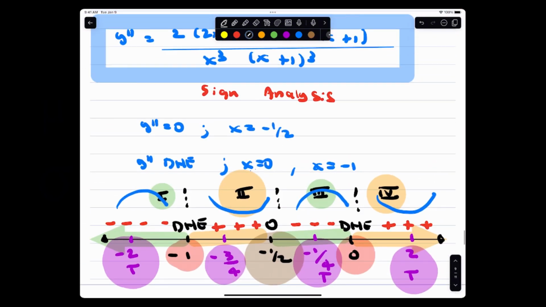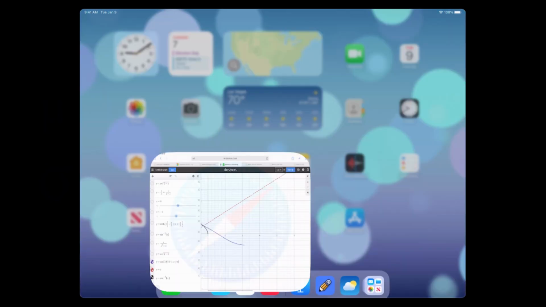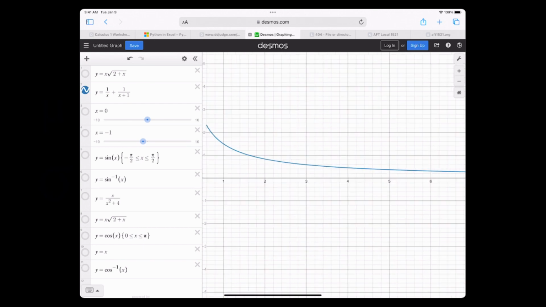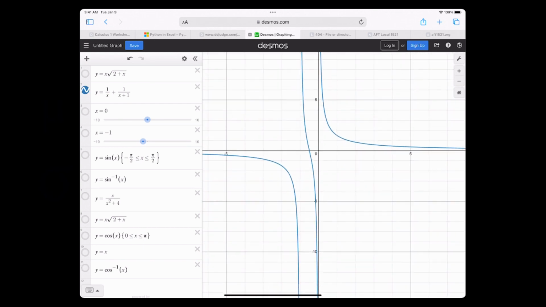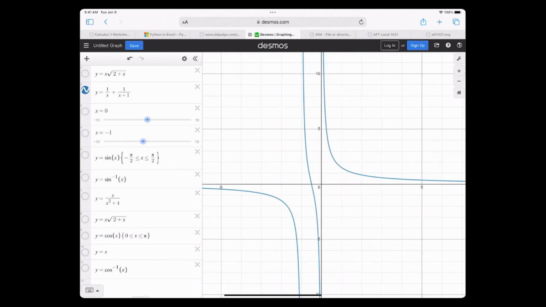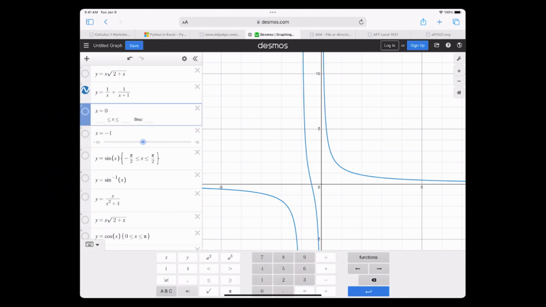You go, what do you mean? Let's go to Desmos, right? Does Desmos even have? Yeah, we do still have that, right? If I get rid of this, it does look pretty good. It looks like we're correct. I think let me do a little bit more though. Let me do x is 0 and x is was it -1?